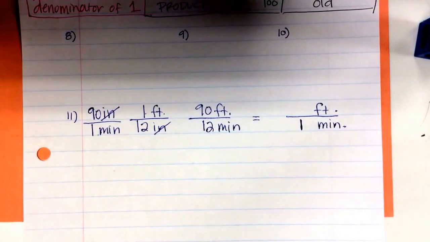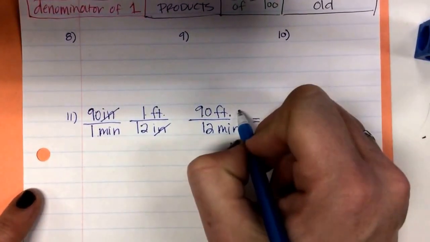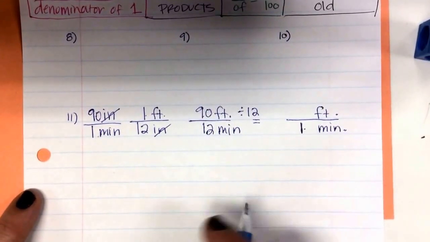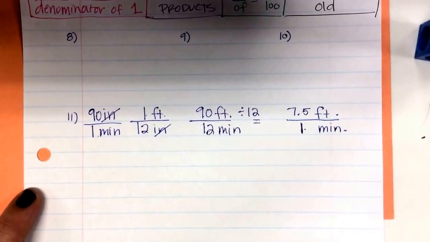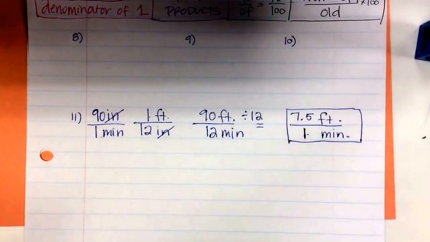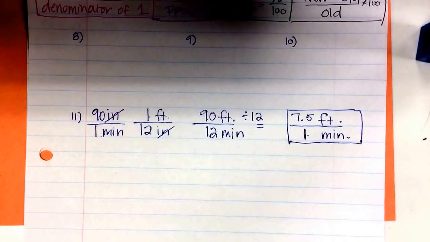What do you do to 12 to make it 1? You divide by 12. So what's 90 divided by 12? 7.5 feet, 7.5 feet per minute. Is it getting easier than the first day we did this? Yes. I hope so.